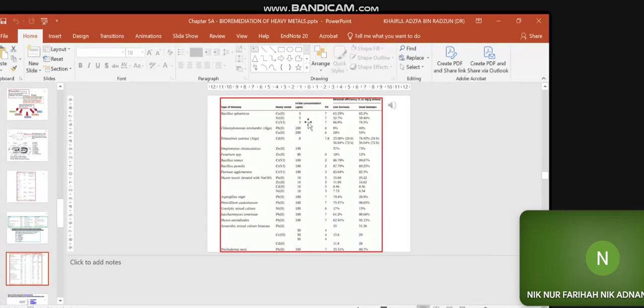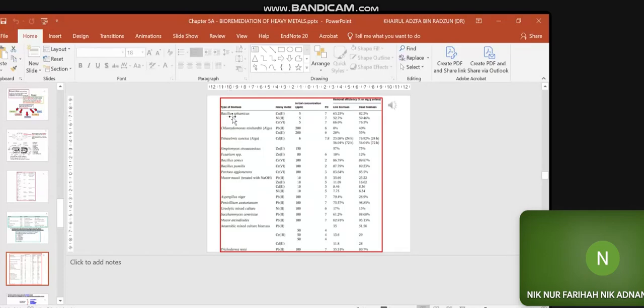If for example, I just give you one example, copper 2, which has the initial concentration of 5 ppm, and at pH 7, the live biomass of Bacillus sphaericus can remove 63.25% of copper 2 from the system.